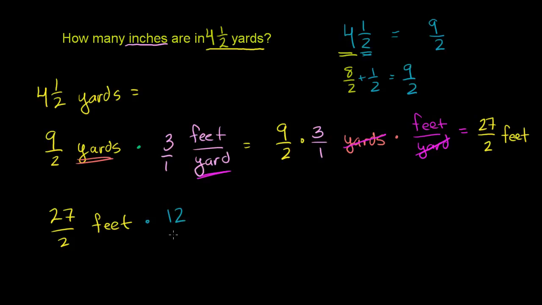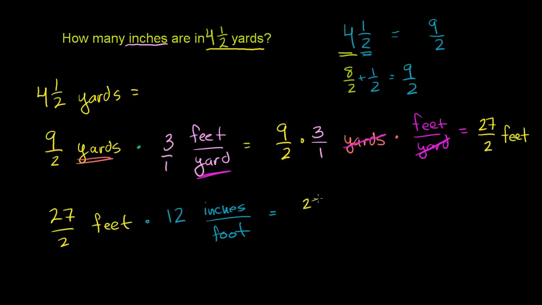And we'll make sure the dimensions work out. 12 inches per foot. And the feet and the foot, this is just the plural and the singular of the same word. It's the same dimension. This will cancel out. If we just rearrange the multiplication, view it as everything is getting multiplied, and when you just multiply a bunch of things, order doesn't matter.